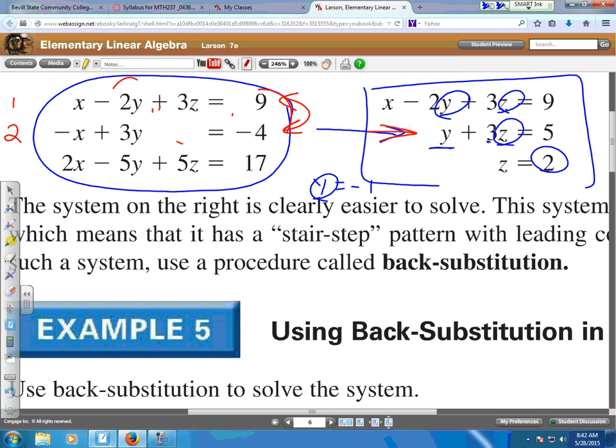So row echelon, we have this value. We take that one, we plug it into the previous equation to get that unknown. Now we know both of those, so we plug into there to get our last one. So that's the benefit of putting things in this thing called row echelon form.